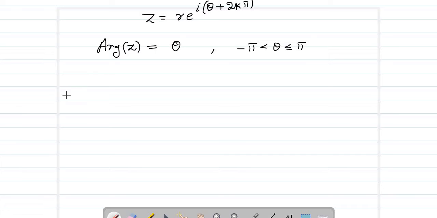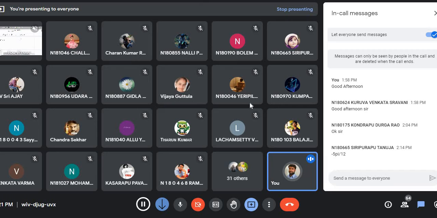See, generally we have studied one thing. Suppose you take a polynomial of degree n, let's say z power n equal to 1. How many solutions does it have? For example, if I give you z square equal to 1, how many solutions does it have?